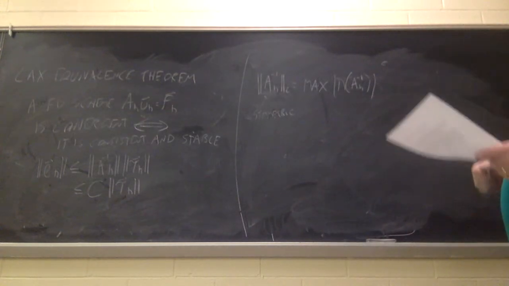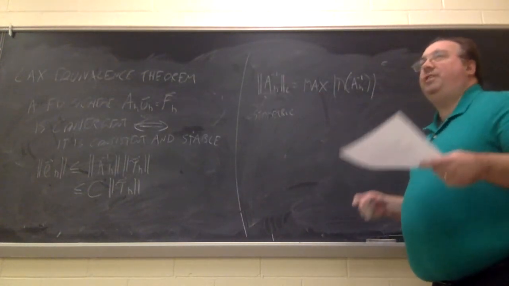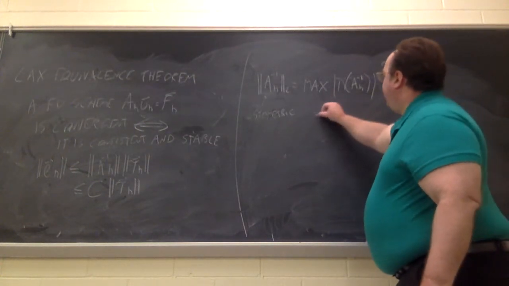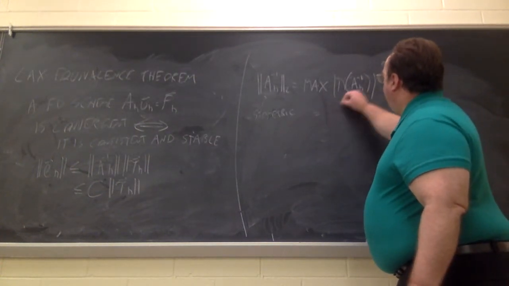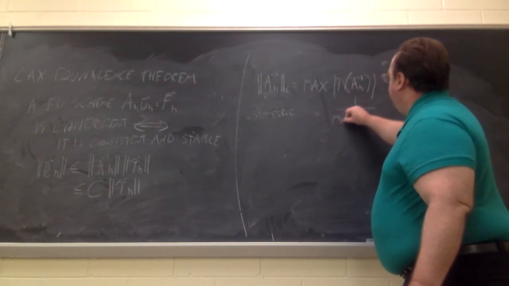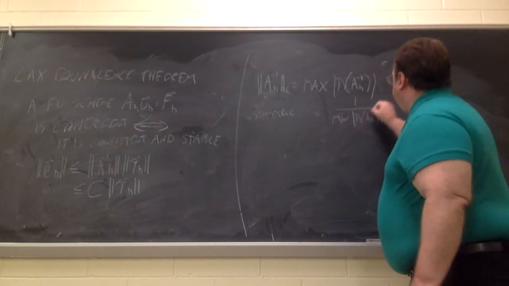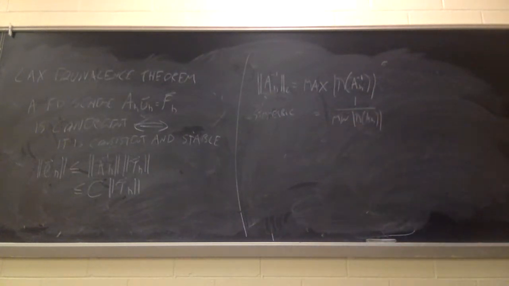But the eigenvalues of the inverse are 1 over the eigenvalues of the original. And since I want a max, that's the same as saying 1 over the min eigenvalue of A_h. So if I get a handle on the smallest eigenvalue of A_h, then 1 over that would be the norm.